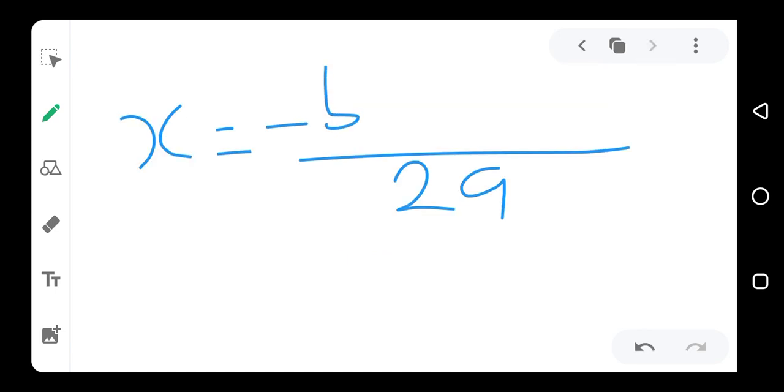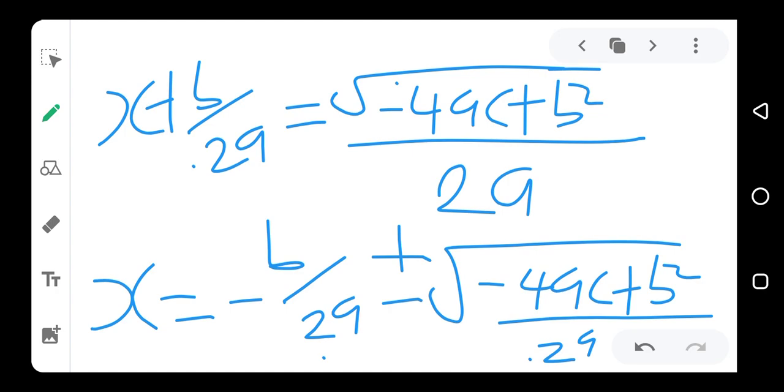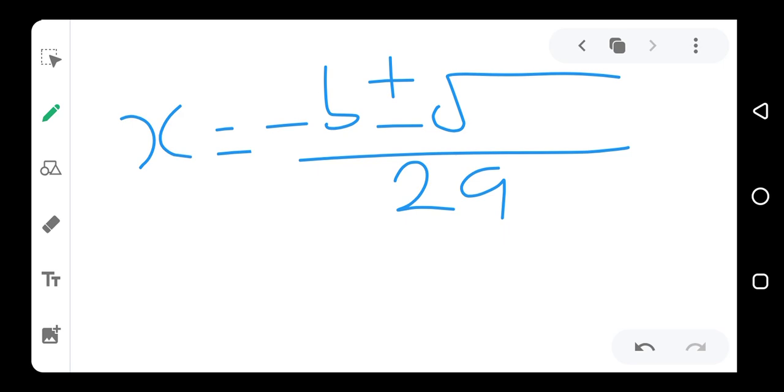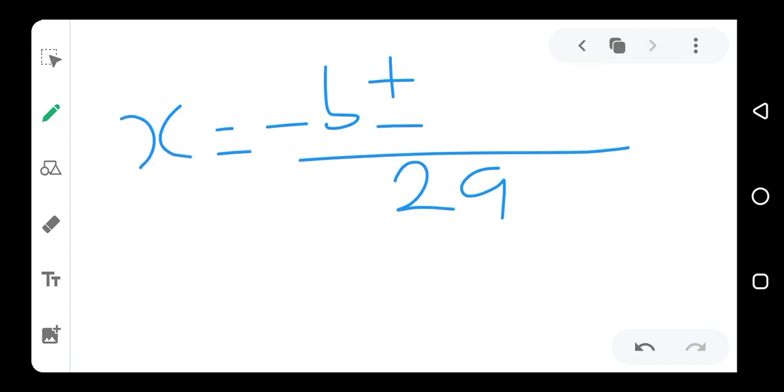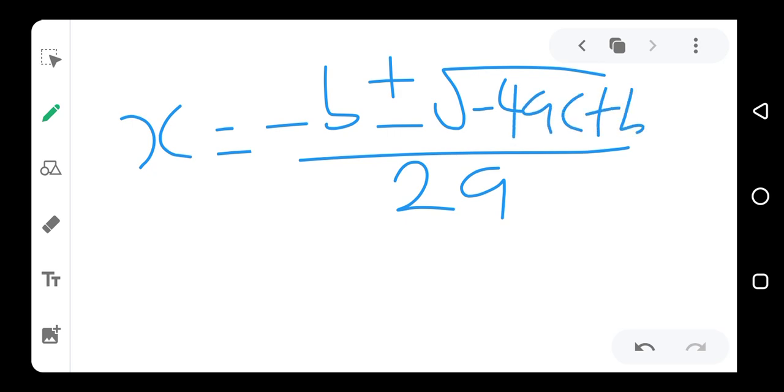For the other side, 2a divided by 2a will give us 1, and 1 times root of minus 4ac plus b squared will give us that same value.